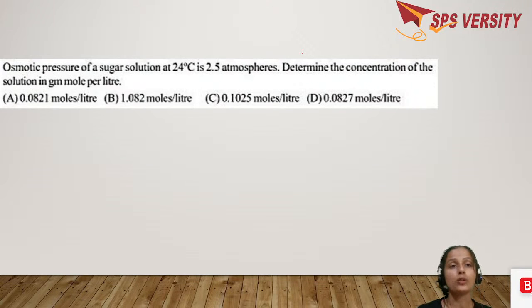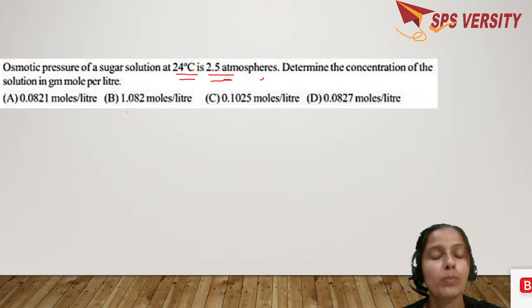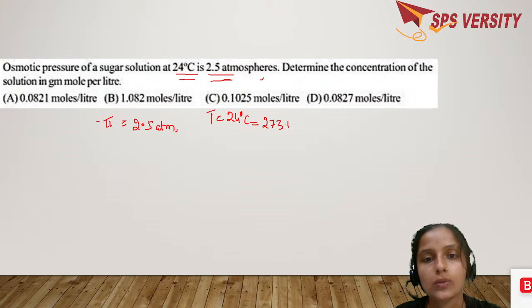Osmotic pressure of a sugar solution at some temperature. The atmospheric pressure is given and the temperature is given. Determine the concentration of the solution in gram mole per liter. How do you calculate that? What they have given: osmotic pressure 2.5 atmosphere. Temperature 24 degrees Celsius. You convert it into Kelvin by adding 273 plus 24.